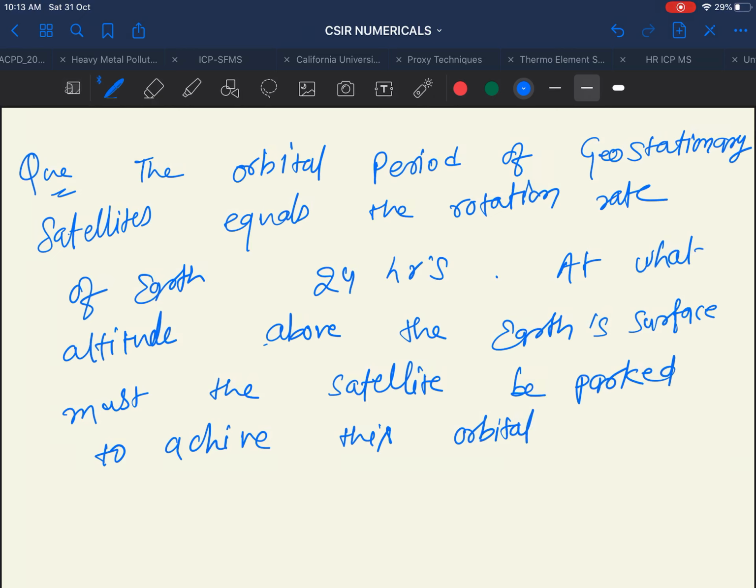We have to find the height of the satellite, basically the orbit's height.